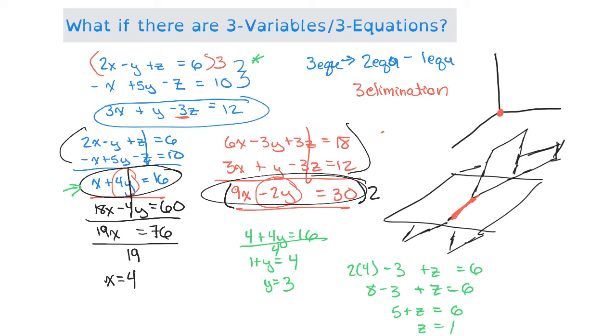So then our point of intersection, or our singular solution, is 4, 3, 1. Then we can write it in our set brackets. And remember, this is our x, y, z, so it goes in alphabetical order when you write an ordered triple. Two numbers is an ordered pair, three numbers is an ordered triple.